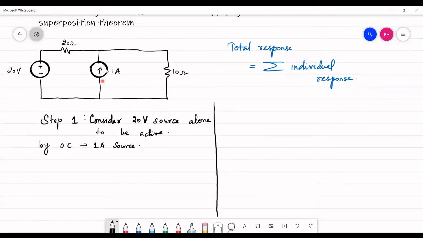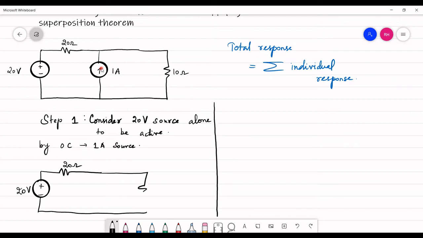Okay, so I'm going to open circuit here. 20 volt, 20 ohm, as you could see here, I have open circuited the current source.